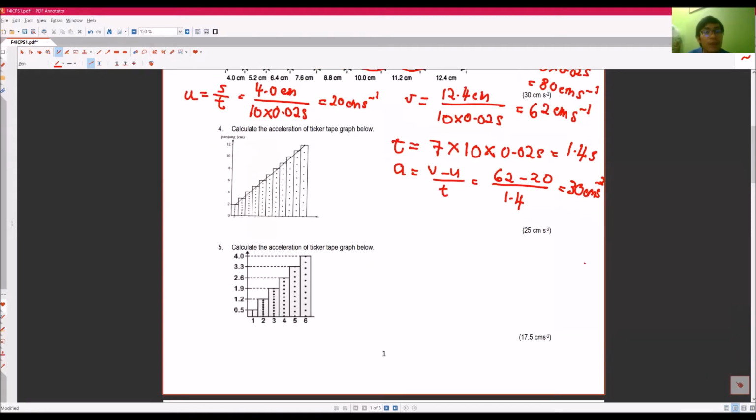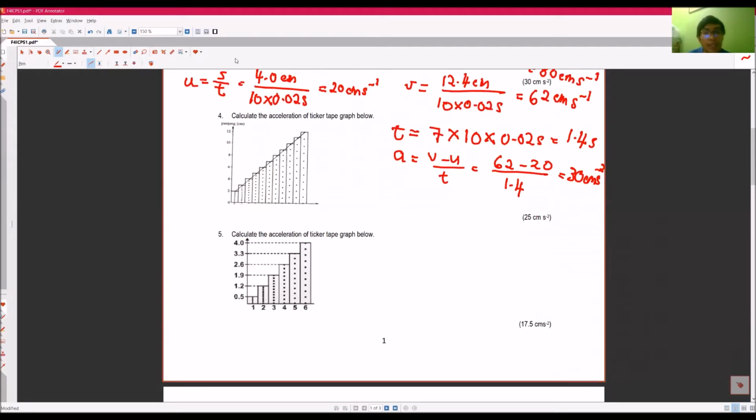Okay, so let's move on to the next question. This is about the ticker tape graph. Basically, each section of the ticker tape has the same number of dots. If you look at the last one, we can determine the number of dots. 1, 2, 3, 4, 5, 6, 7, 8, 9, 10.